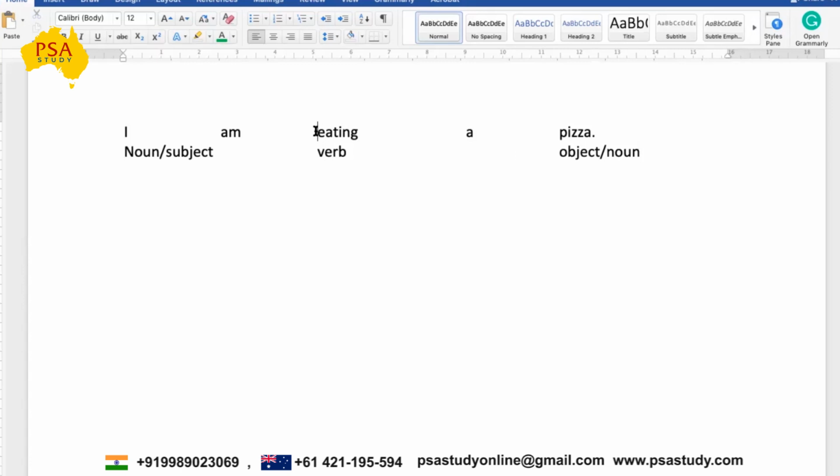If I want to add an adverb, it will be before the verb or maybe after the verb, near to the verb, I mean to say, focusing on that particular verb. So if I say I am slowly eating a pizza, slowly will be an adverb.